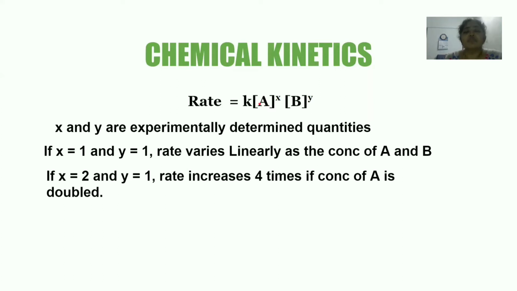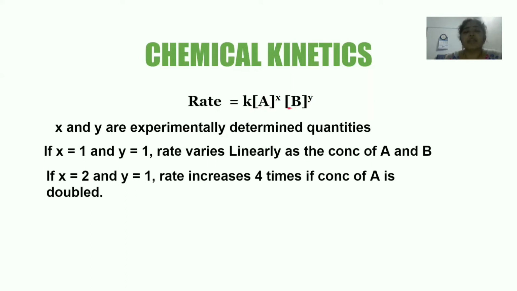So now it becomes 2A raised to 2 because my value of x is also 2. And 2A raised to 2 is nothing but 4A square, right? So I get rate is equal to k into 4A square into B raised to 1 because y is 1. So what does this term k into 4A square into B indicate?